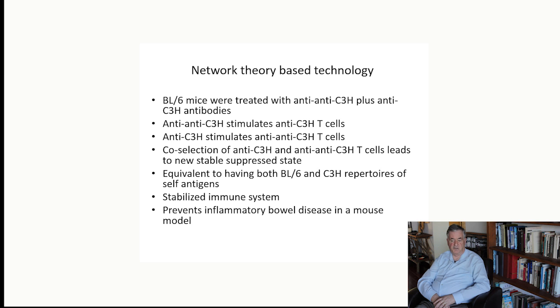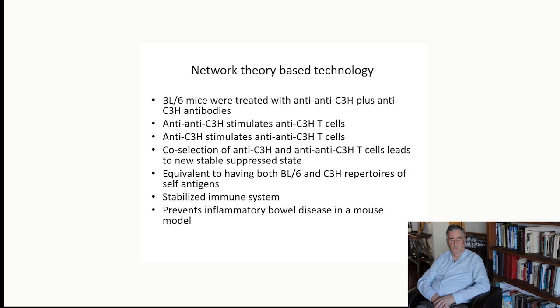This is a stabilized immune system because of the greater diversity of self-antigens for which they are tolerant.